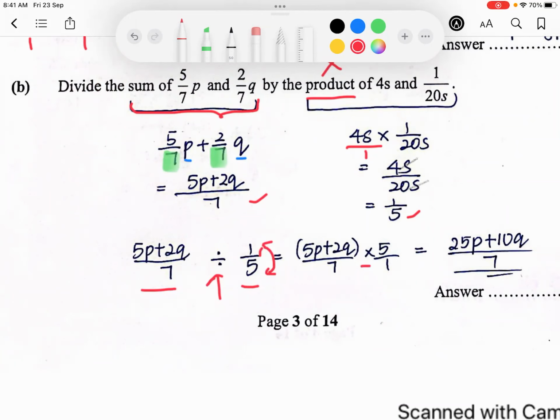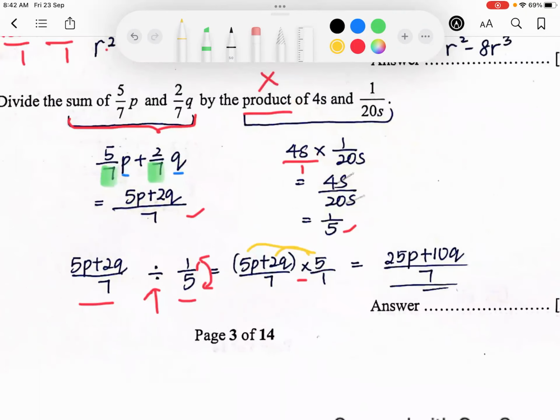Multiply numerator with numerator, denominator with denominator. So this one will be 5 times 5 times 2q. So we get this answer. Because the question did say simplify, we need to expand out the answer. Is that okay?